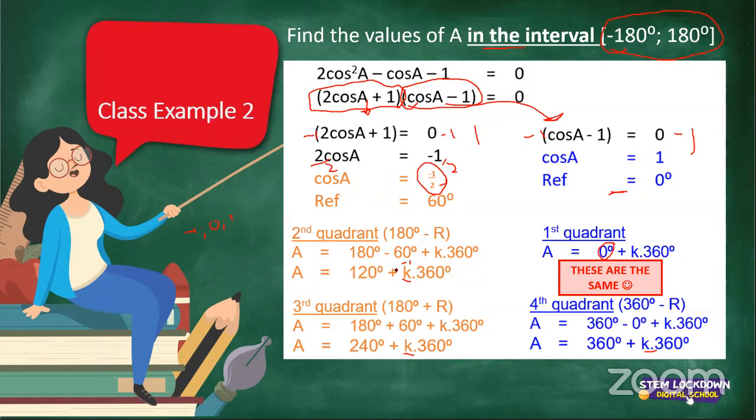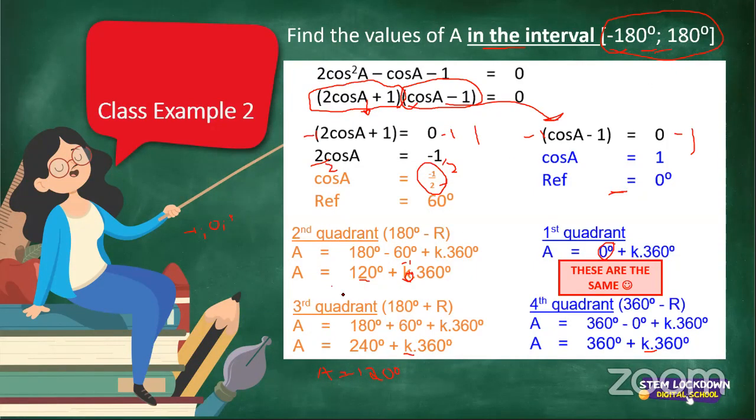So 120 minus 360 is -240. So that's not going to work for us, right? Then we put in the 0. 0 times 360 is 0. So 120 plus 0 is 120. Is 120 within the interval? 120 is within the interval. So one of our answers for A is 120 degrees, right? And then already from here, you can tell that should you substitute 1 in there, you'll have 360 plus 120, and you're already out of that interval. So you don't go there, right?